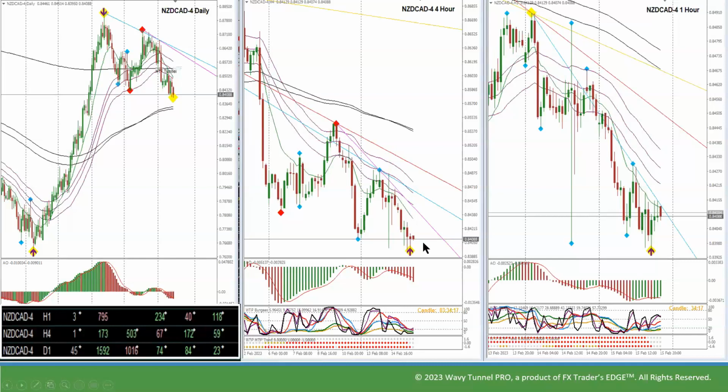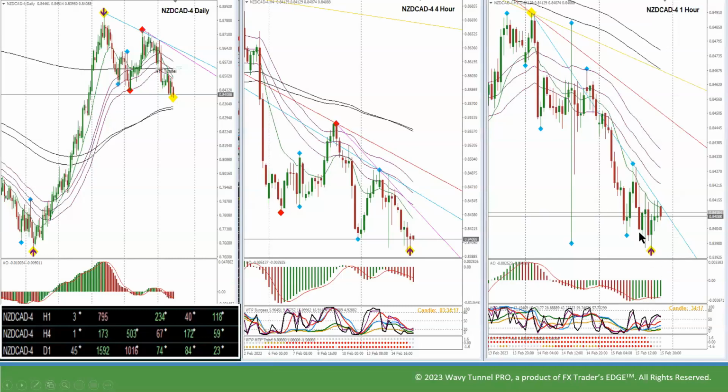So this tells me that, similar with what I was saying in gold, that we could have this trend line break on the hourly and trade up to the wave. And then we can come down again. And if we come down and don't make a new low and start to move up again, well, that's confirmation that maybe we aren't making a new low.